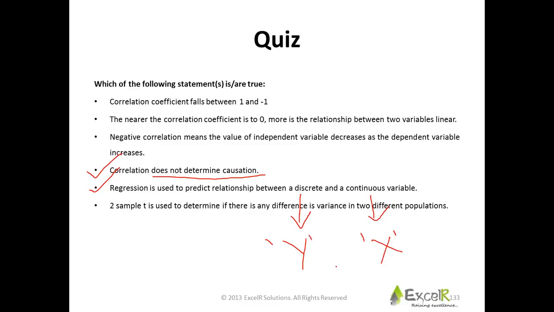We have used linear regression when both x and y were continuous variables. Exactly, so this is false. Regression is used not just to predict the relationship between discrete and continuous variables, but also to predict the relationship between two continuous variables.